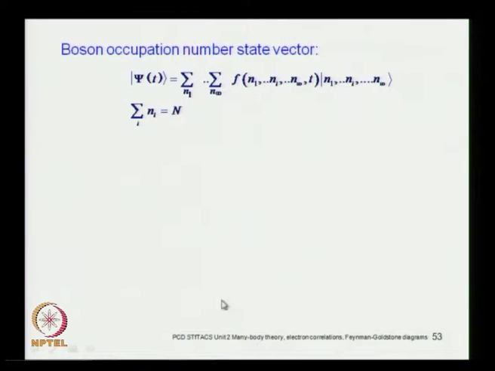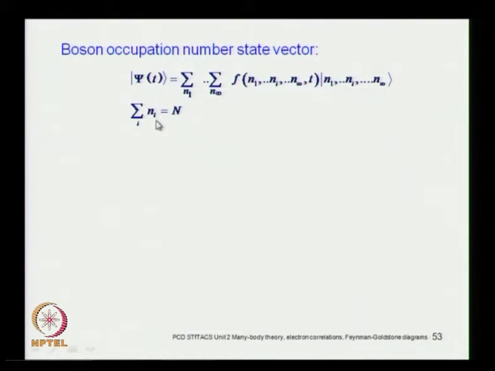Now you have the boson occupation number state vectors, which are defined in a very similar way, except that the creation and destruction operators have different properties. There is no constraint that these numbers n1, n2 etc. are either 0 or 1; they can be 0, 1, 2, 3, 10, 100, many. But the summation over all of these occupation numbers must add up to the total number of bosons you are talking about.